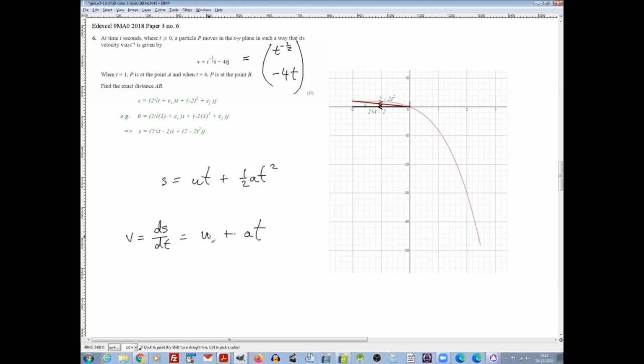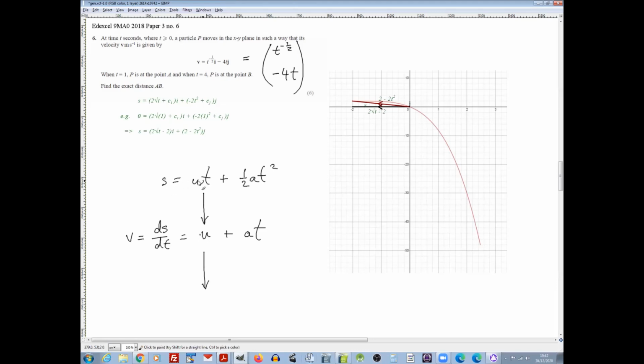And then we found, okay, what's u the derivative of with respect to t, if u is a constant? ut is what differentiates to give u with respect to t.